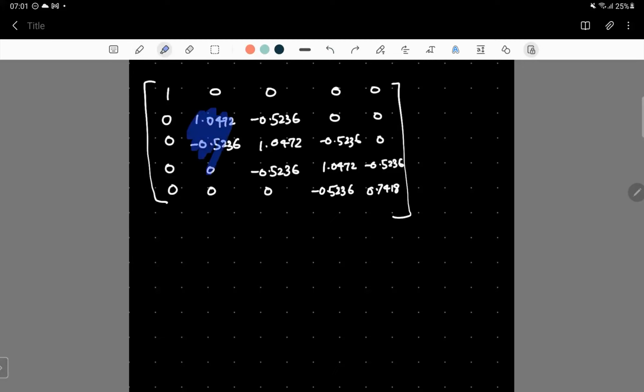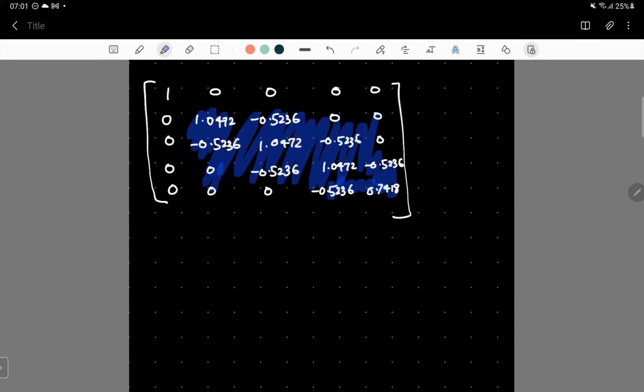Only the first column and first row have been altered. Easy to remember: the first element is 1, and the remaining terms in the first column and the first row are set to 0. On the right hand side, we put the temperatures T1 to T5.